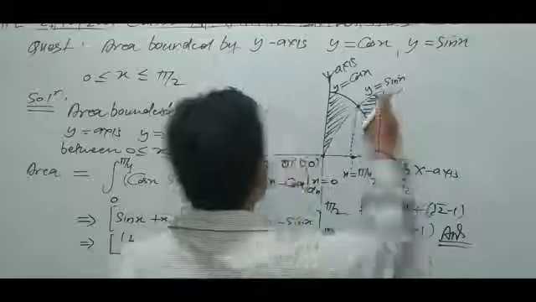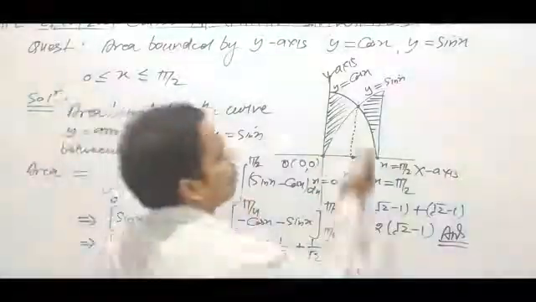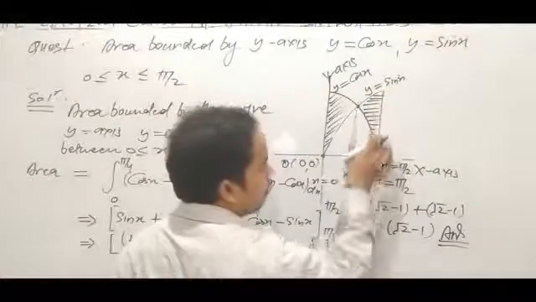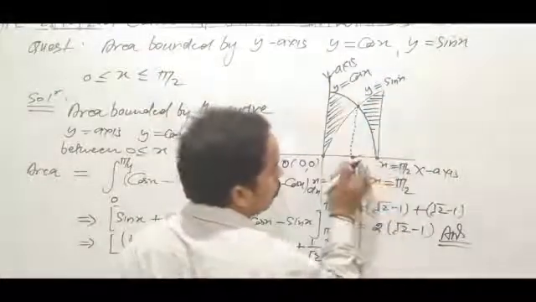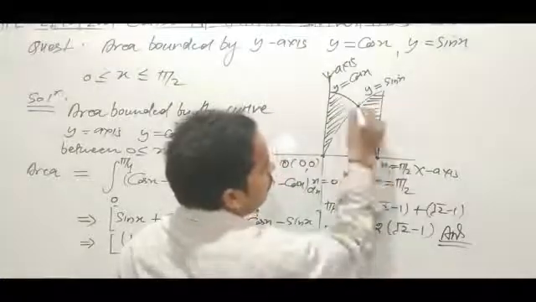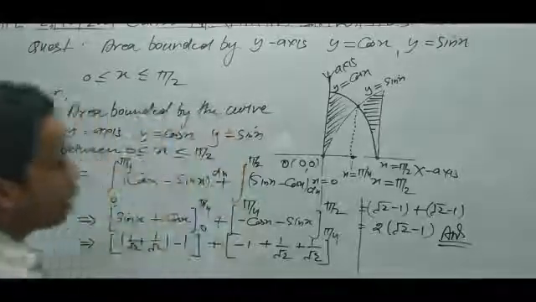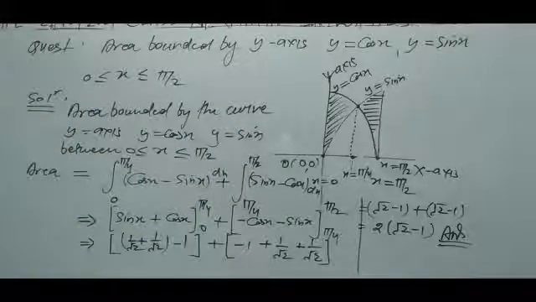So this is the sine area. So the sine area will be here from x is equal to 0 to x is equal to pi by 4 to x is equal to pi by 2, this whole area, and this area will be included in this region. So we have to subtract this area. So minus the area of cos x from pi by 4 to pi by 2.